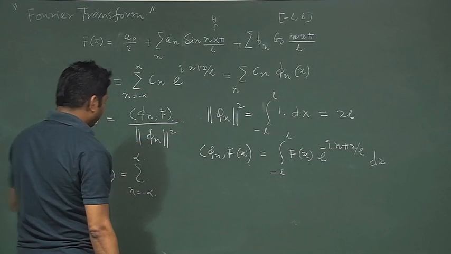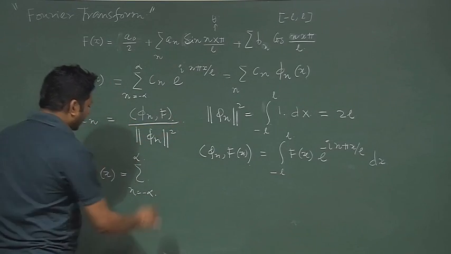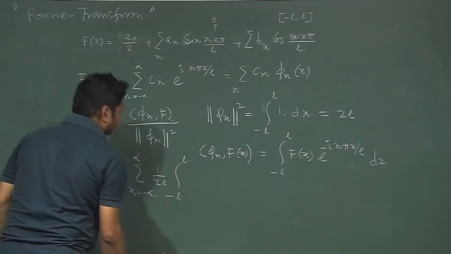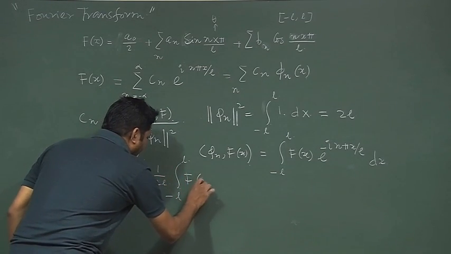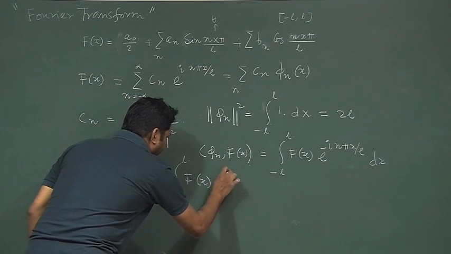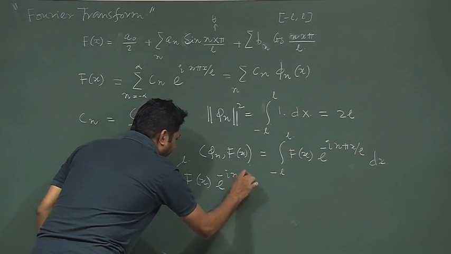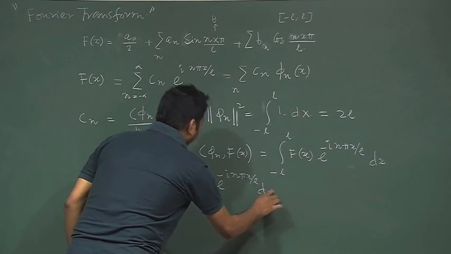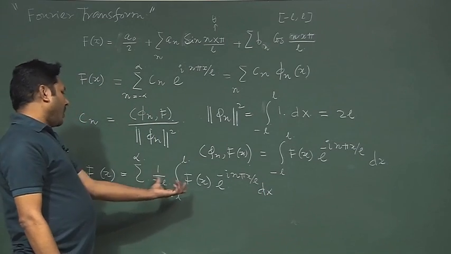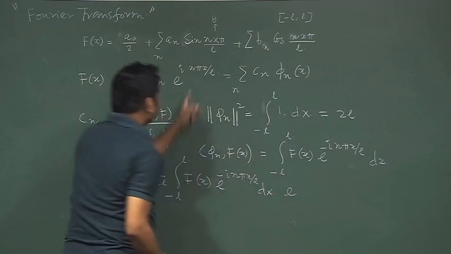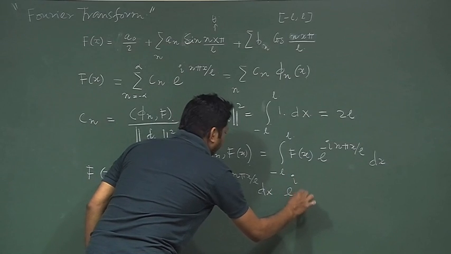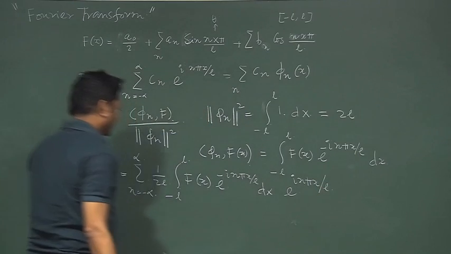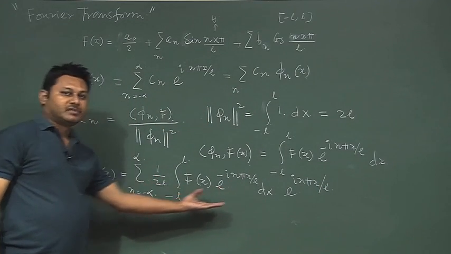Cn I figured out, Cn is 1 by 2L, integration from minus L to L of f of x e to the power of minus i n pi x by L, and then dx, and over that I will have e to the power i n pi x divided by L. So this is my entire term, right?